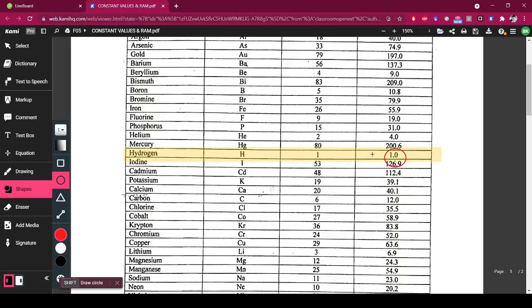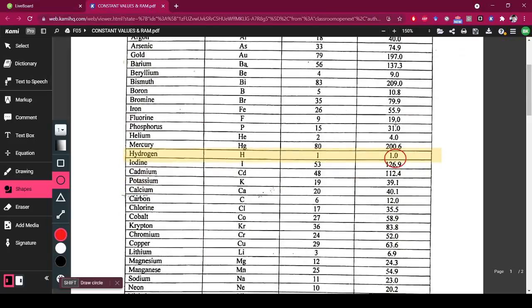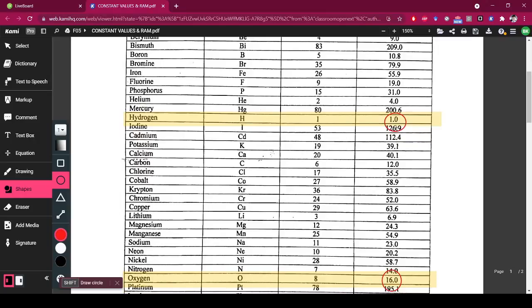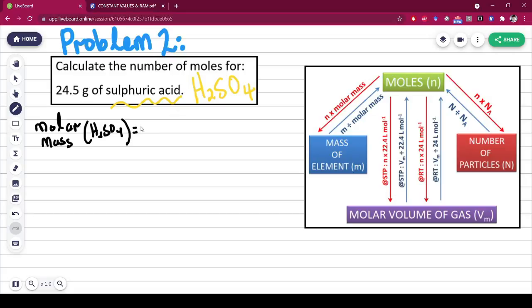So we can see that hydrogen, the relative atomic mass is 1. If you go back to the live board, 1 hydrogen there.